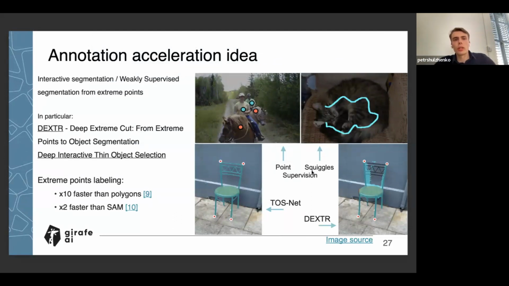Let's move on to the annotation acceleration idea. So in my current project, there is a problem with annotations, because one class of objects is pretty tiny. It should be precisely annotated, and there are lots of them on every image.